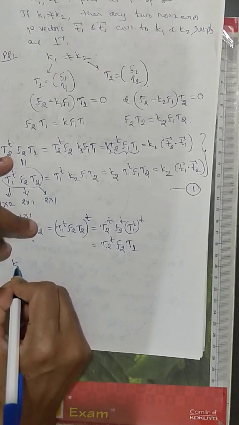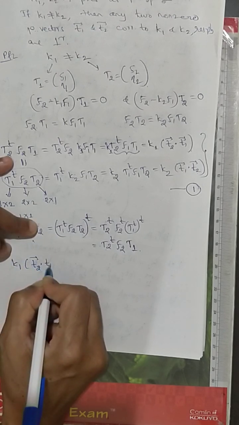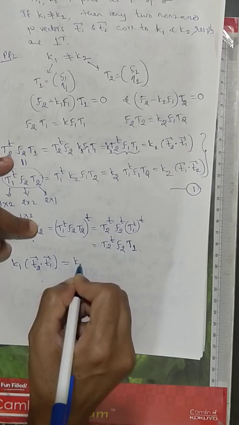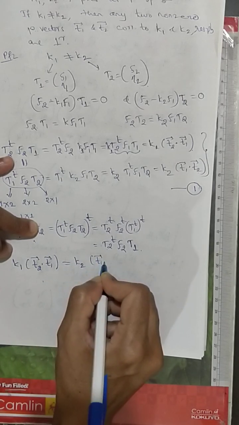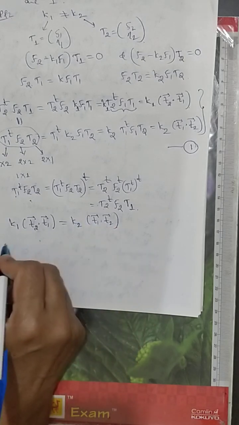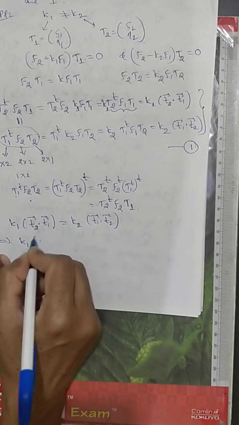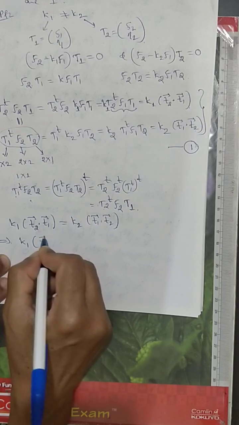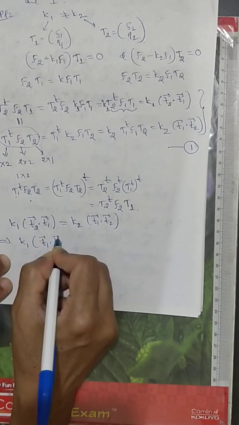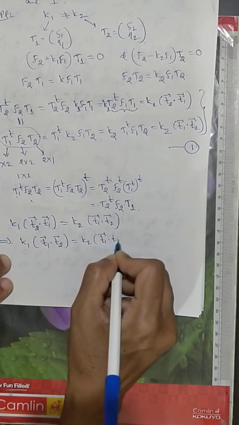So we have k1 into t2 dot t1 is equal to k2 into t1 dot t2. From this, I can write k1 into t1 dot t2 is equal to k2 into t1 dot t2.